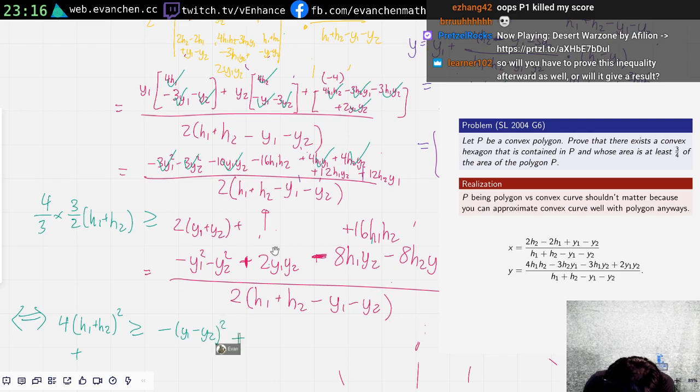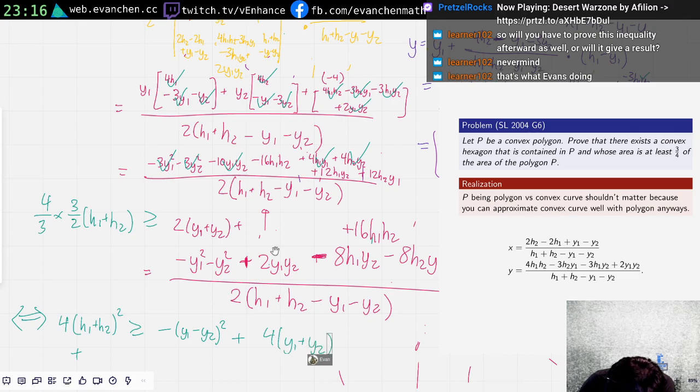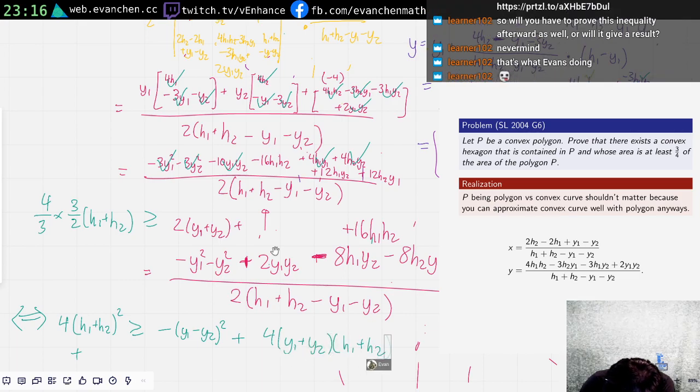And then there's a hodgepodge more of things where I get 4y1 plus y2, h1 plus h2, plus 16h1 h2, minus 8h1 y1 minus 8h2 y2.